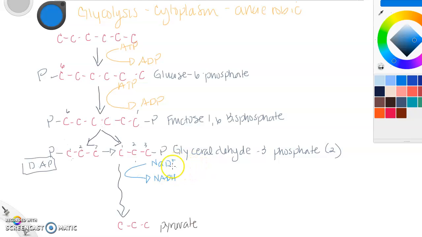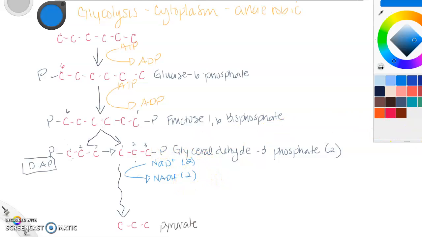So we end up with an NADH, which is an electron carrier. So we have 2 electrons now with this NADH. Now, we have 2 NADHs because there are 2 glyceraldehyde 3-phosphates. So there's 2 NADs, and we end up with 2 NADHs.